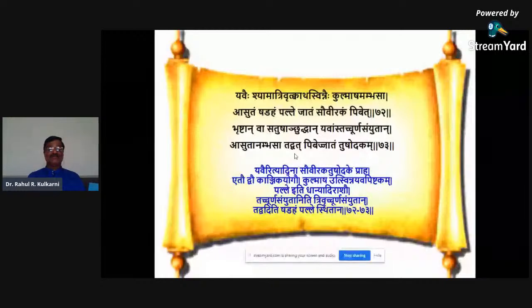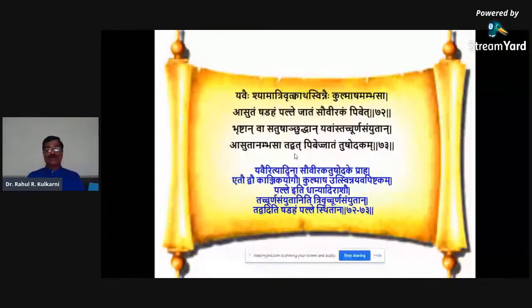The second, how the tushodaka is prepared, he says, bhrustan va satushan chuddvan, meaning the yava from which the husk is not separated. So along with the husk, the yava has to be roasted. Yavastas churnan sanyutan, and such roasted yava has to be powdered. And that powder, asutyan ambasam tadvat pibechatam tushodakam.